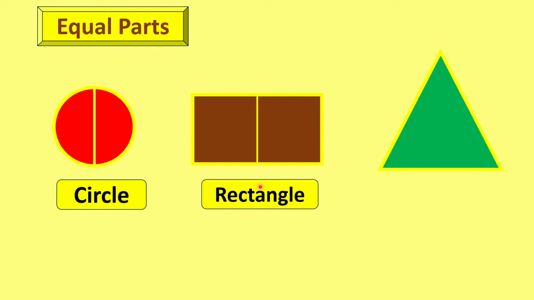It is our triangle, and when we cut it at the middle, we get equal parts with the same shape and size. One part is equal to the other part.